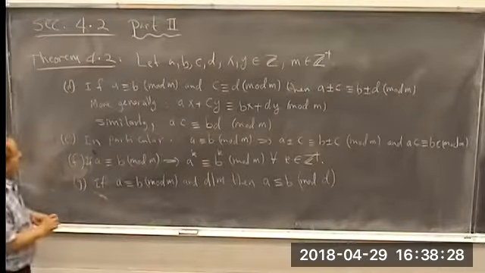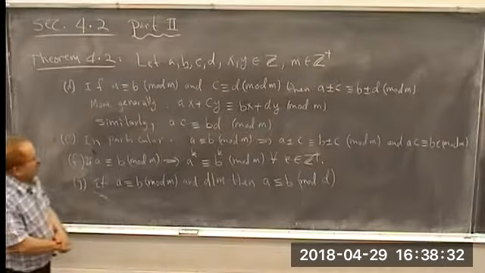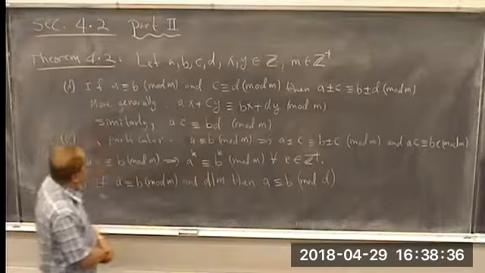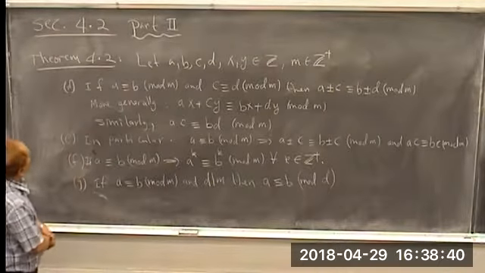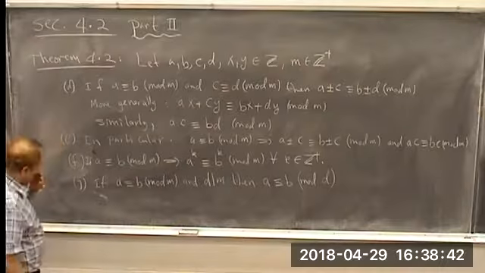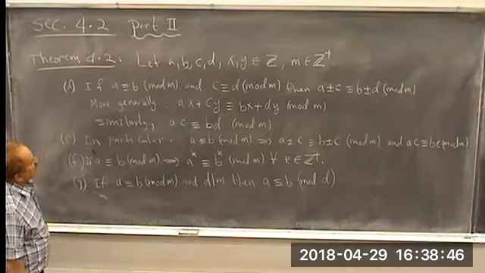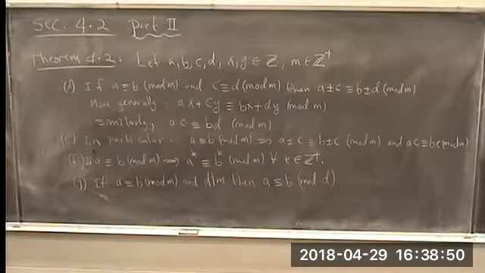Okay, so this is a continuation of section 4.2, and the first theorem that we're going to prove here is part of theorem 4.2. We actually proved the first three parts, A, B, and C, which amounted to saying that the congruence relation is an equivalence relation.